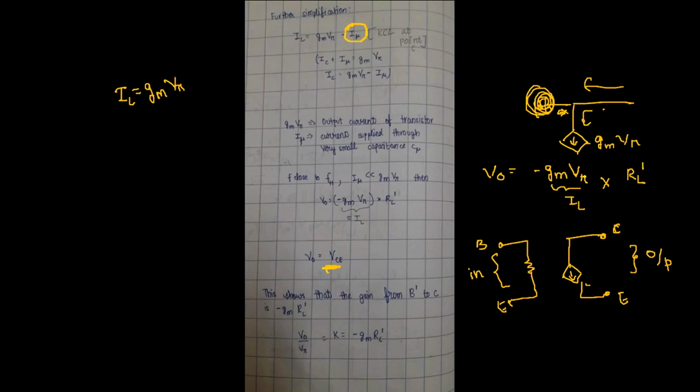So upon taking V pi here, I get VO by V pi is equal to minus GM RL dash.